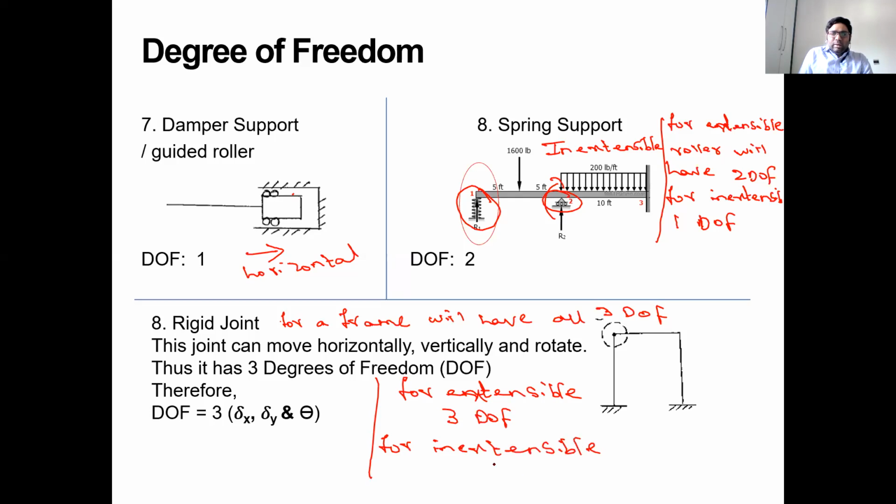We don't have delta x. We have only delta y and theta. So here delta x, delta y, theta, and here delta y and theta. That is only 2 degrees of freedom for inextensible. That is also one more very important point that you need to understand and get clarity of how the things are working.